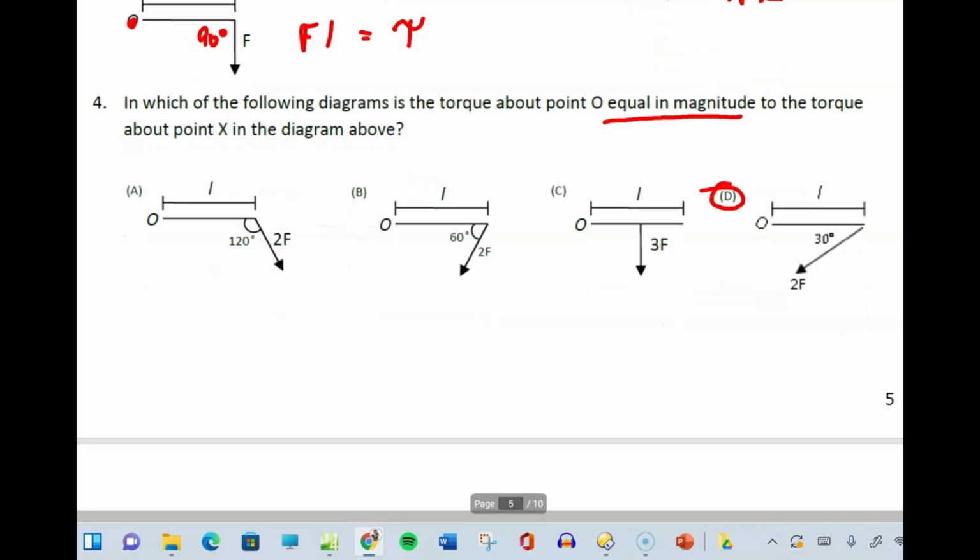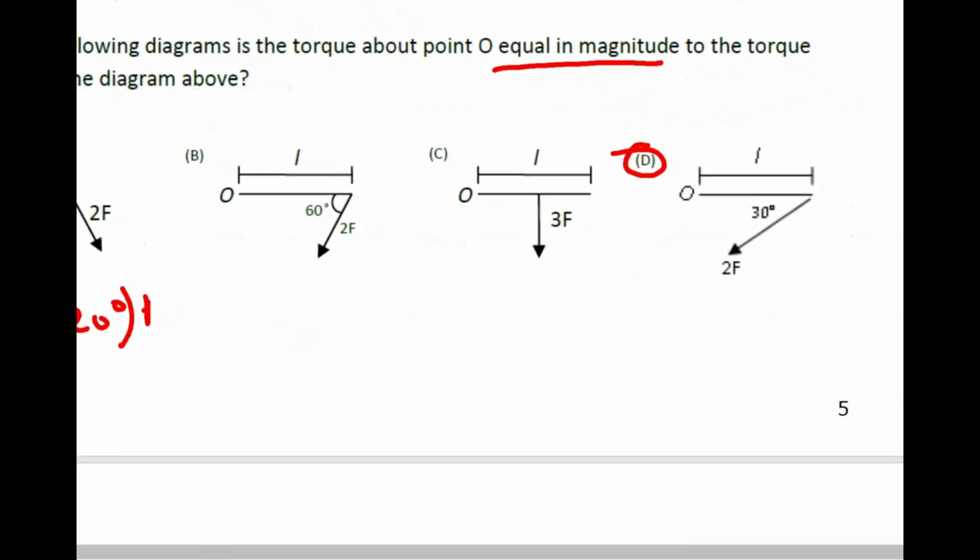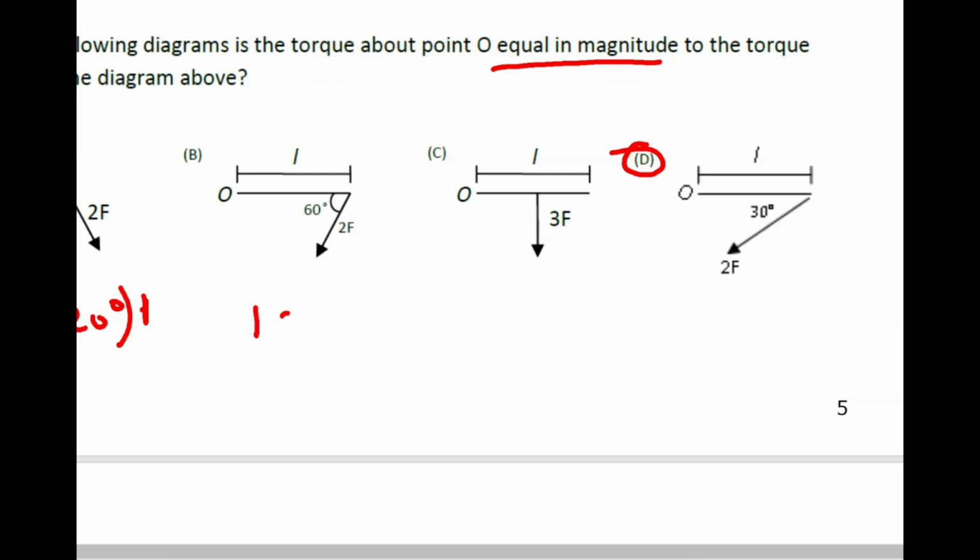Let's see. Now we haven't done a lot of trig, but this one would be 2f sine 120. Now it's no longer 90, so we have to include the angle, times L. Oops, it's a lowercase l. Okay, this one is 2f times sine of 60 times L, 3f.